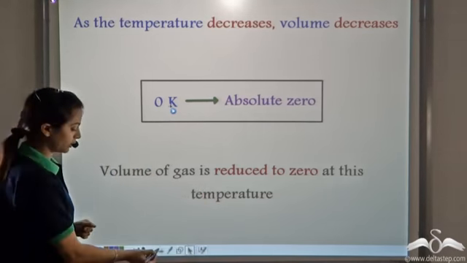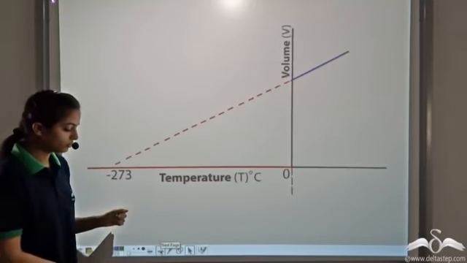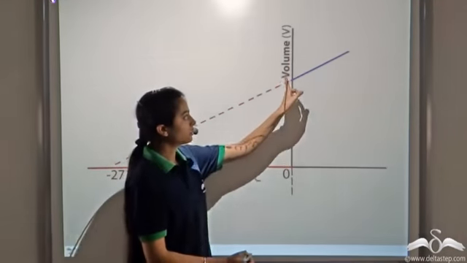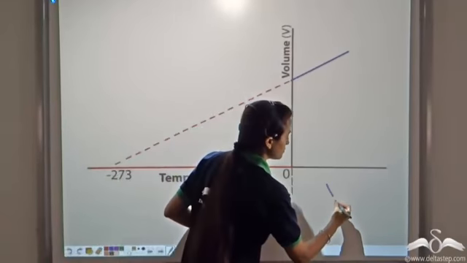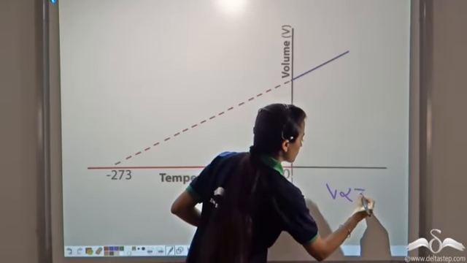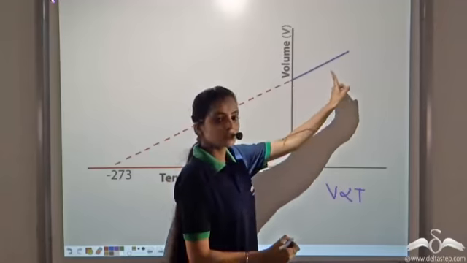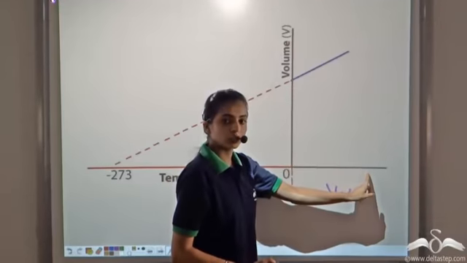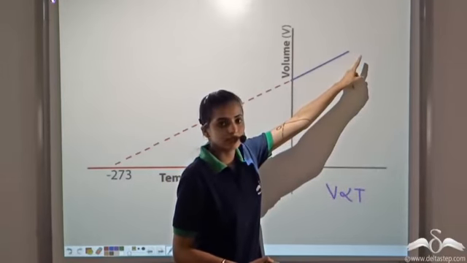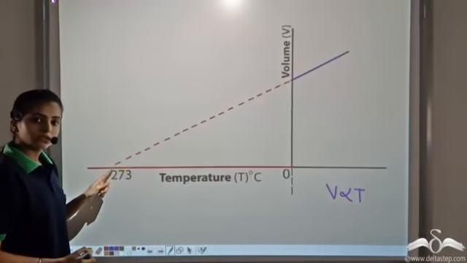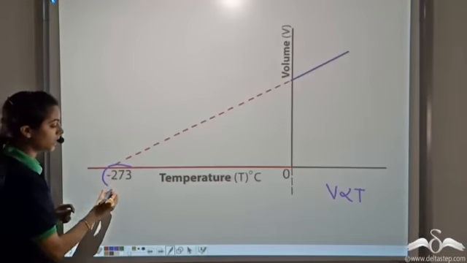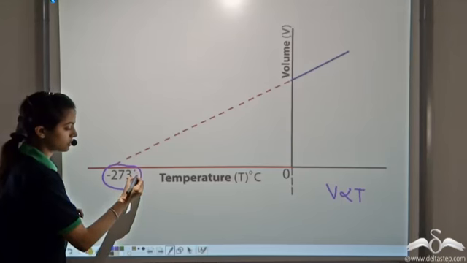So if a graph is plotted for Charles' law, we see that volume is directly proportional to temperature. So we get a straight line. That is, as temperature increases, volume increases. Now if we extend this line backwards, we see that it meets the axis at minus 273 degrees Celsius.